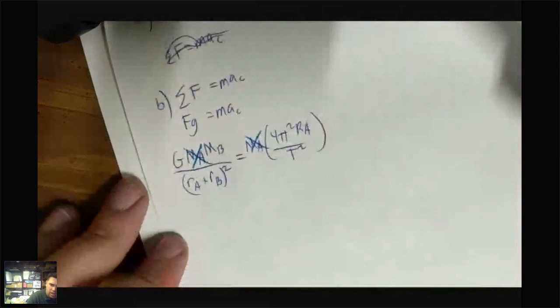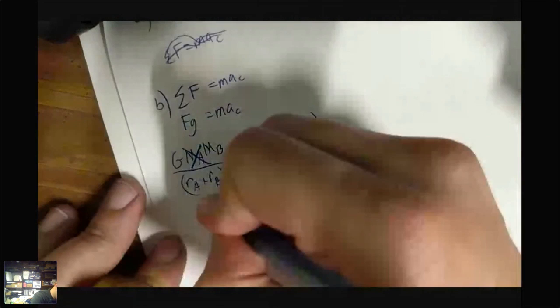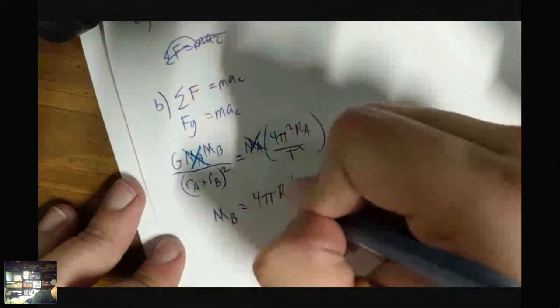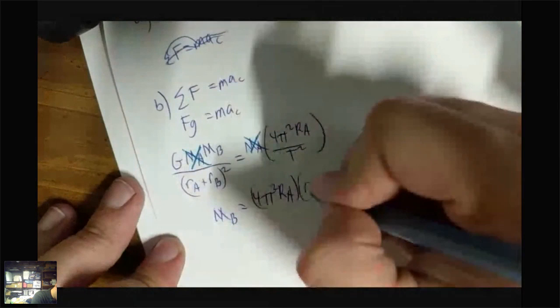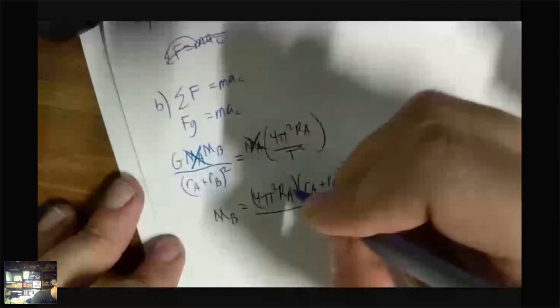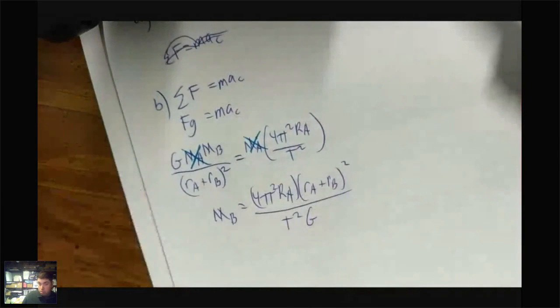And you know what? I'm not even going to bother expanding things. I'm just going to multiply this over to the other side and divide by G. And say the mass of star B must be equal to 4 pi squared RA times (RA plus RB) squared, all over T squared times G. And there's the mass of star B found for us.